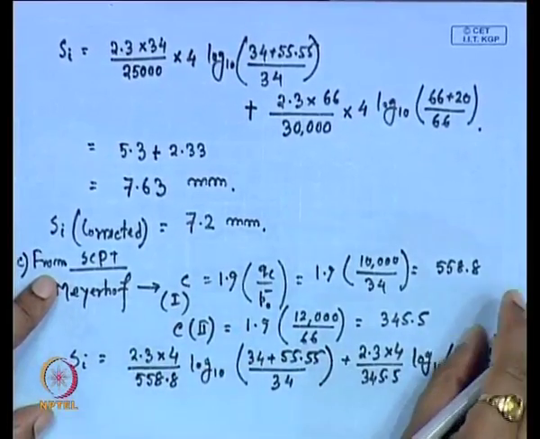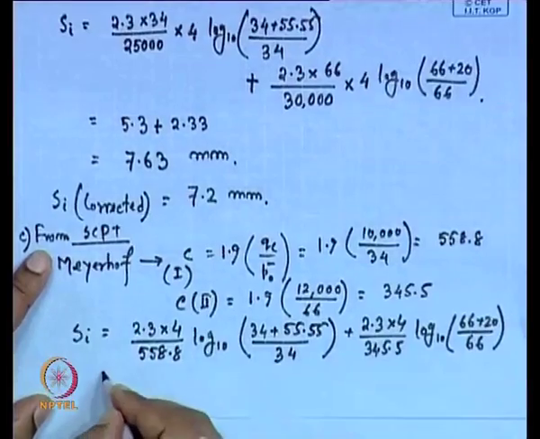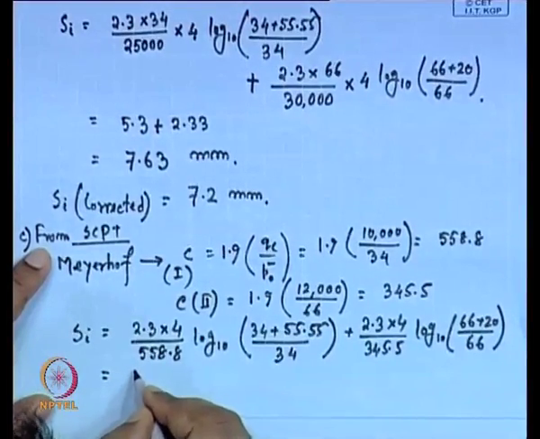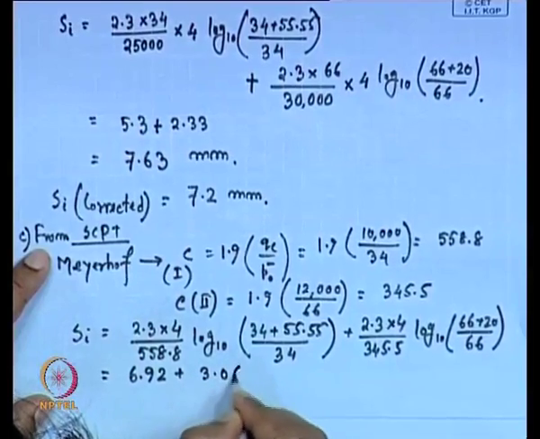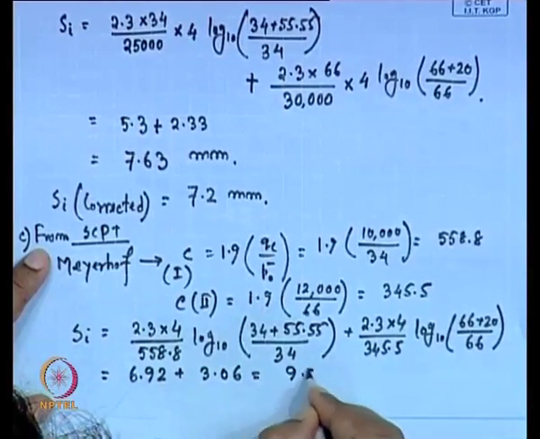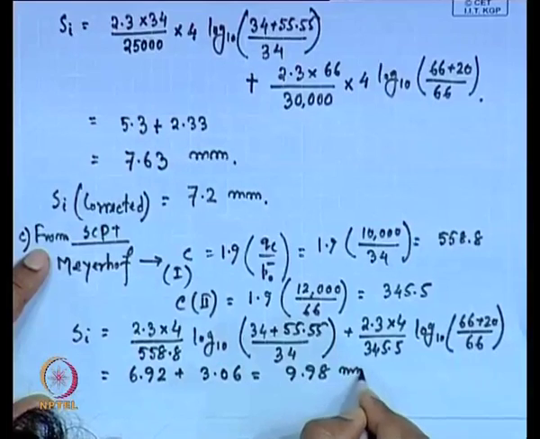So, after the calculation, this value is coming 6.92 plus 3.06. So, that is 9.98 millimeter.